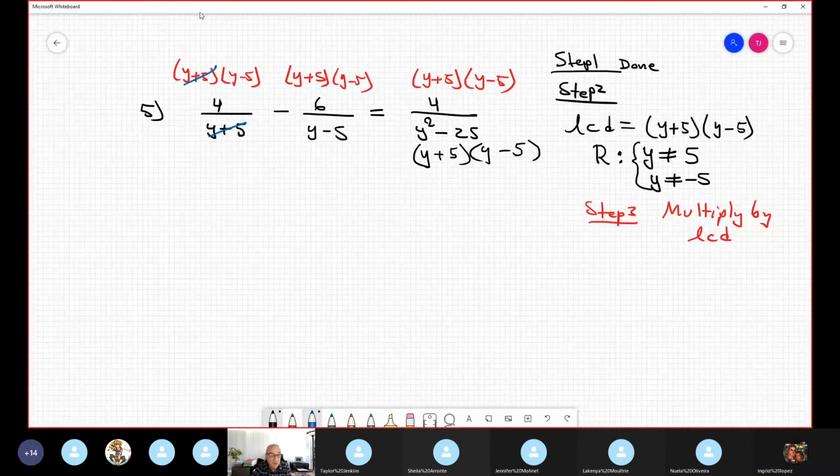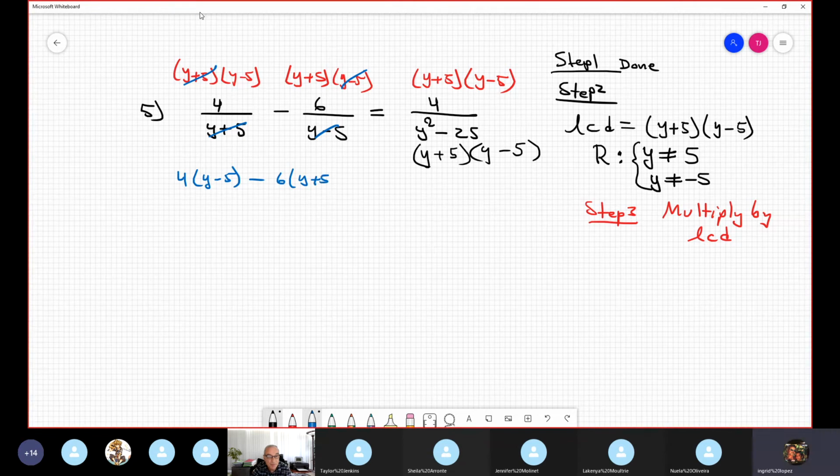And who stays alive in the first one? 4 and y minus 5. In the second, who is cancelled? Y minus 5. Stay 6 and y plus 5. In the right hand side, everything is cancelled.